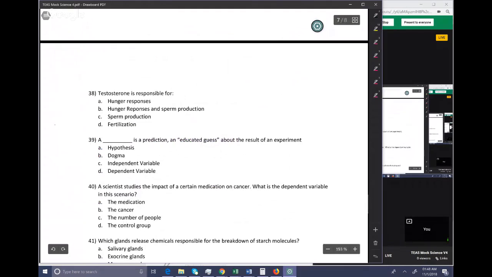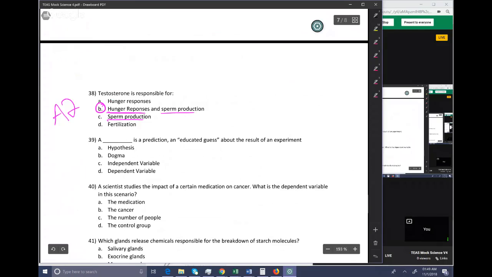38 is anatomy 2, about endocrine. Testosterone is responsible for. In this case, B is the best answer because it's got everything. Depending on the situation, sperm production would be a very accurate thing to say testosterone is responsible for. In this case, we had the opportunity to say not only sperm production, but hunger responses, and that's the ultimate scenario.